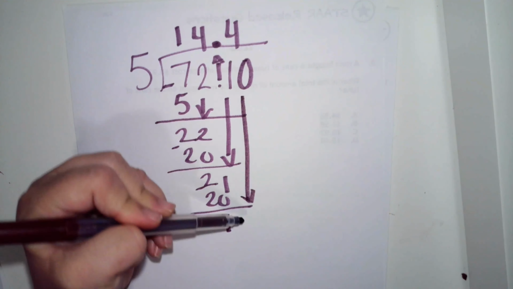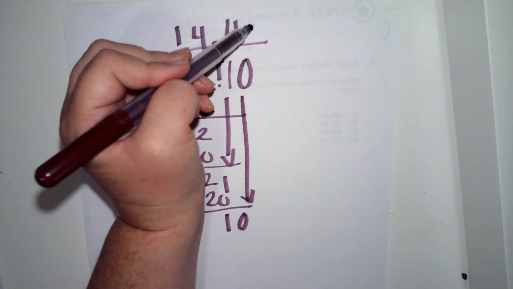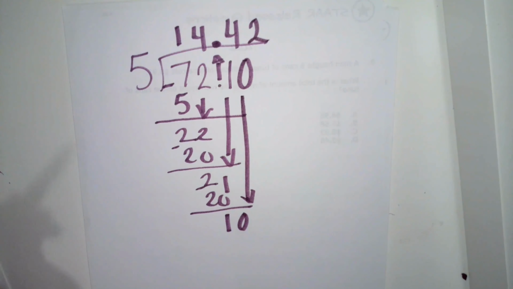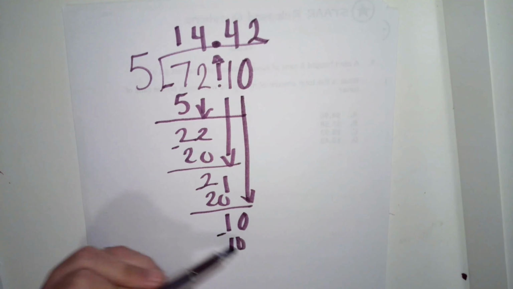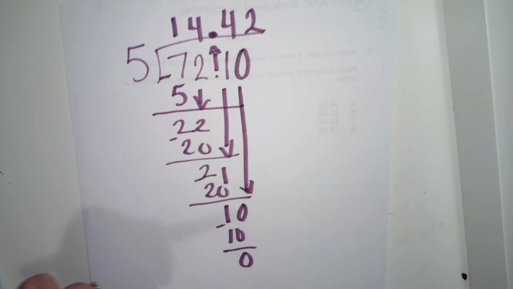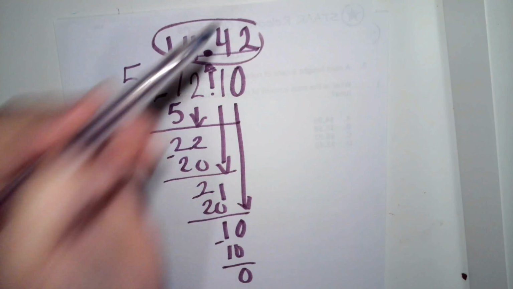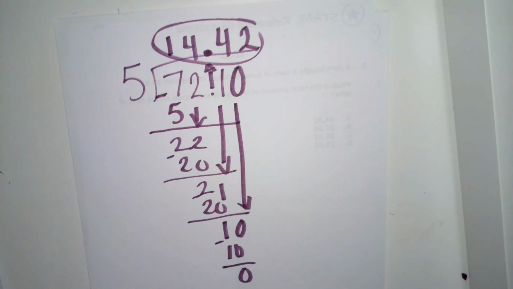So now, instead of a 1, I have a 10. And 5 goes into 10 2 times. 2 times 5 is 10, giving me a 0 and nothing more to bring down. I don't have a remainder, and so my answer is 14 and 42 hundredths.